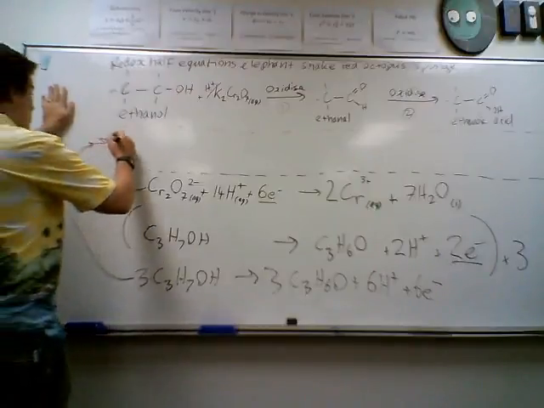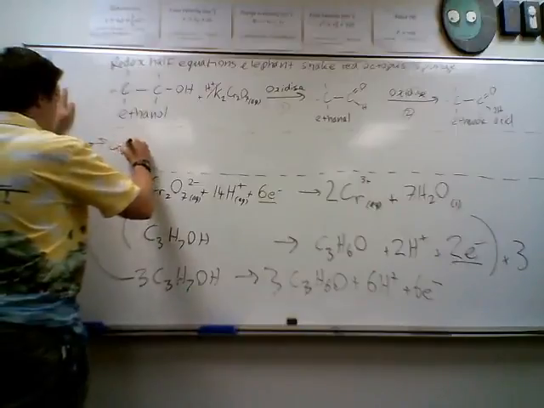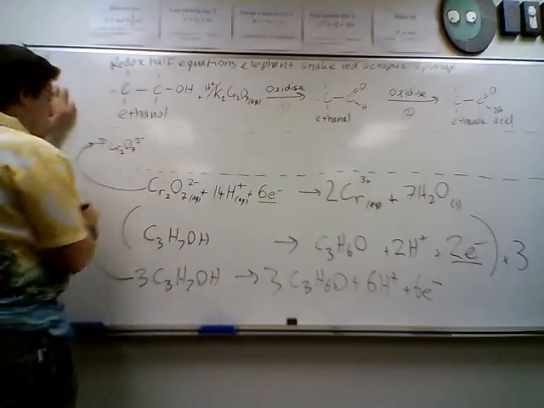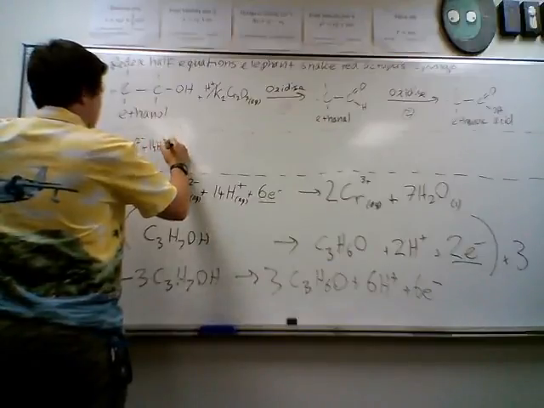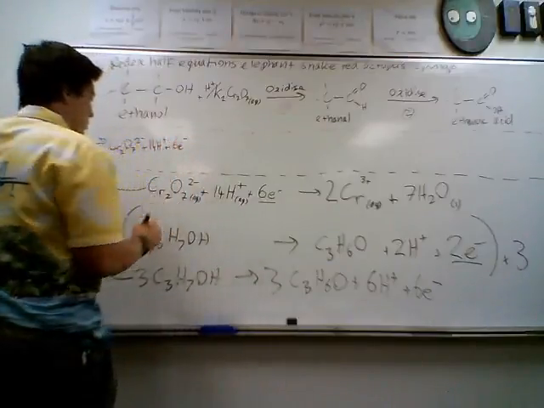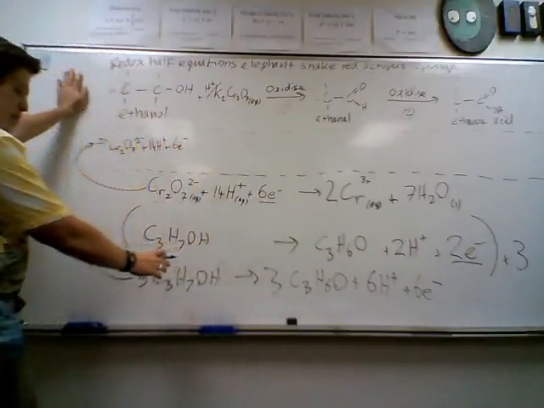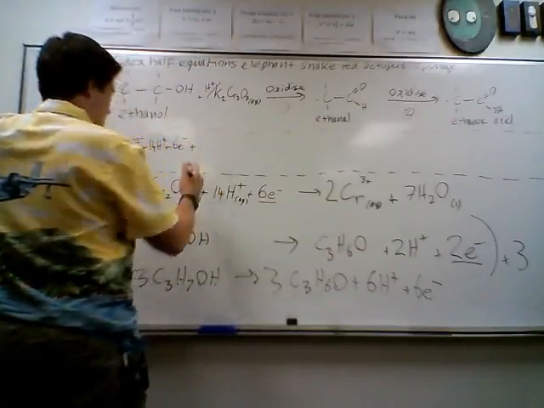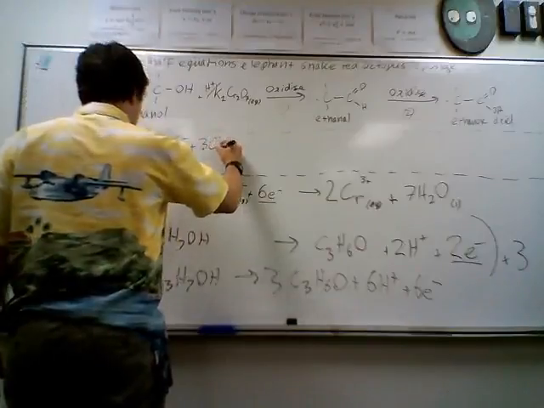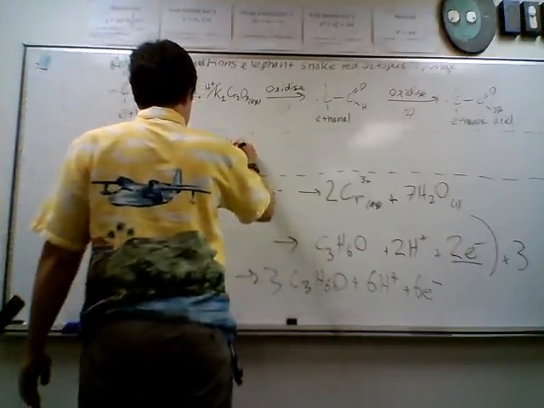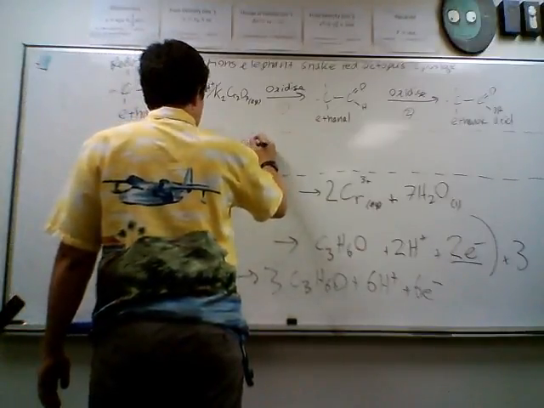So we start Cr2O7 2 minus plus 14H plus 6e minus, and then you add this because you've got to do everything on the left. 3C3H7OH.